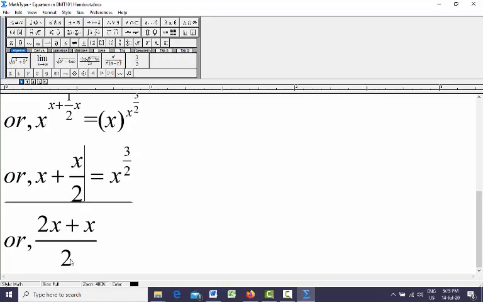And then 2 is the LCM, and if we add we get twice x plus x. So that means equal to this one.